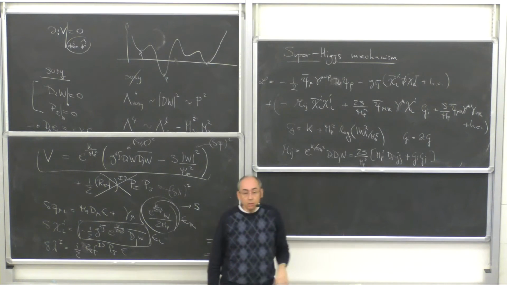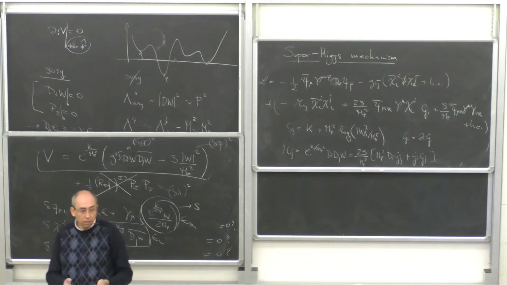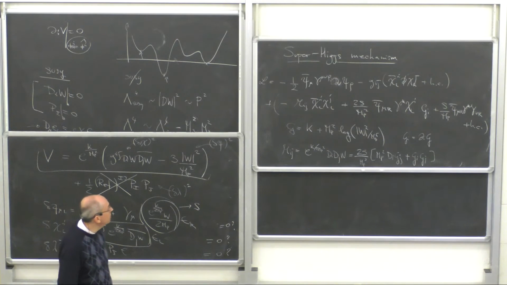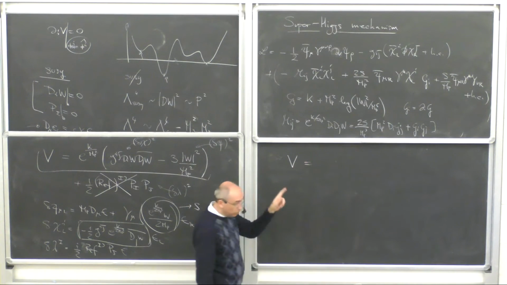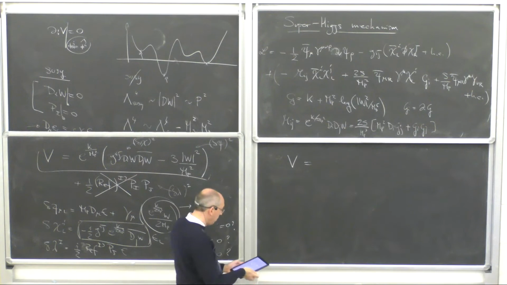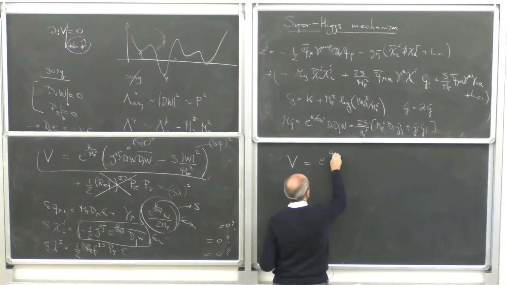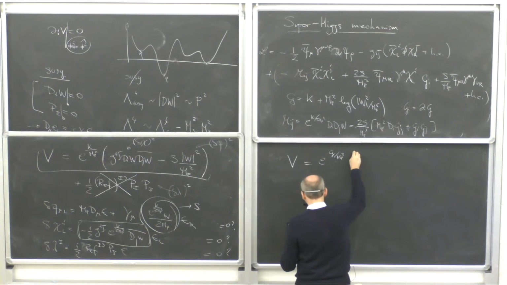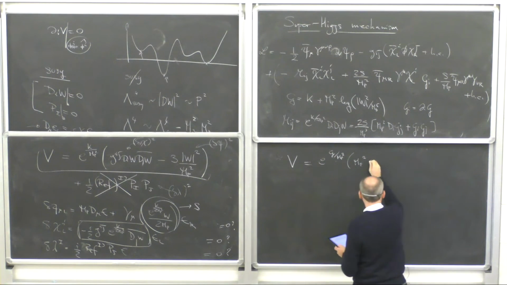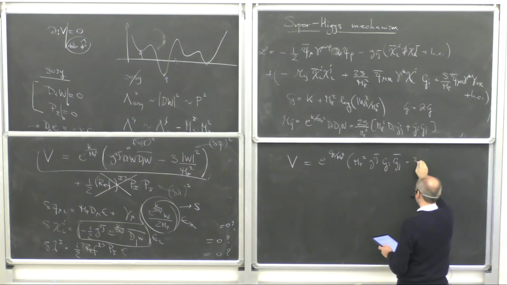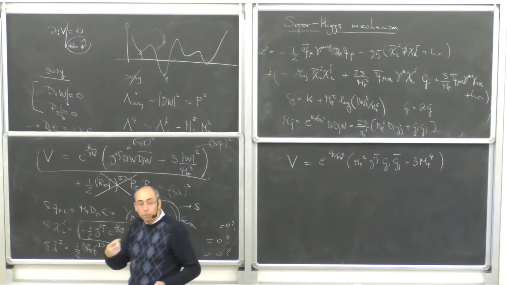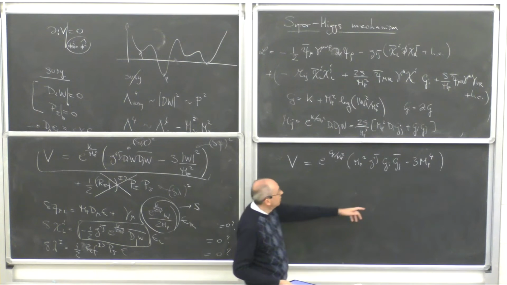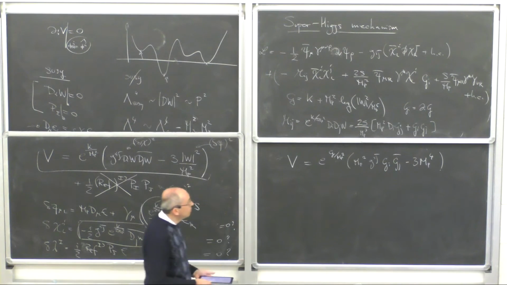And of course, if I want to write down my theory in my Minkowski vacuum, so I'm assuming I am at a Minkowski vacuum, by the way, the scalar potential in this language, using G, can be written in the following fashion as well. Let me write this as well. This is M_P^2 G_I G^{I J bar} G_J bar minus 3 M_Planck^4. As I already explained, the superpotential essentially disappears, becomes a constant when you introduce G.